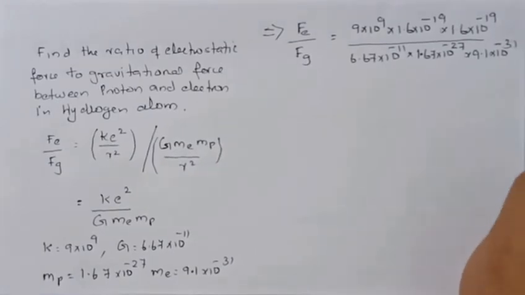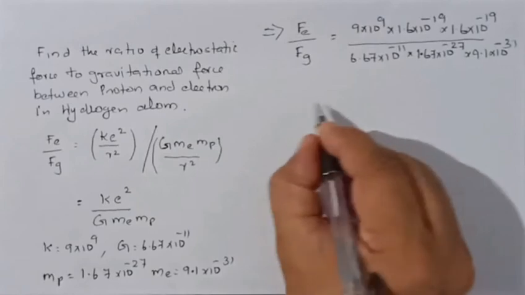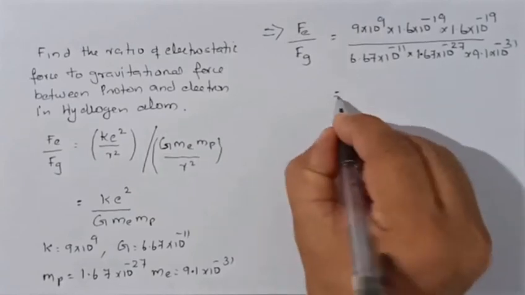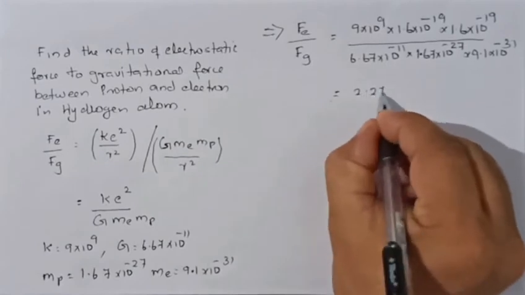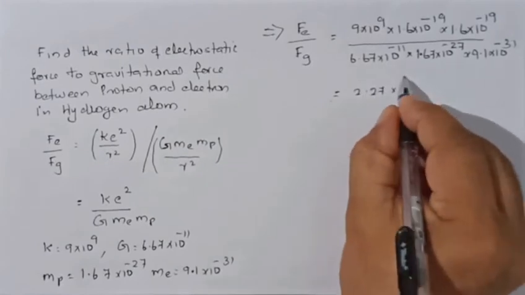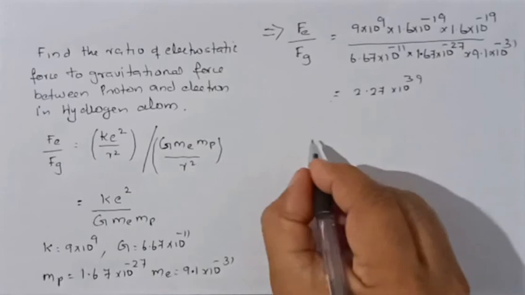When you work this out, you will get the ratio is equal to 2.27 times 10 to the power 39.